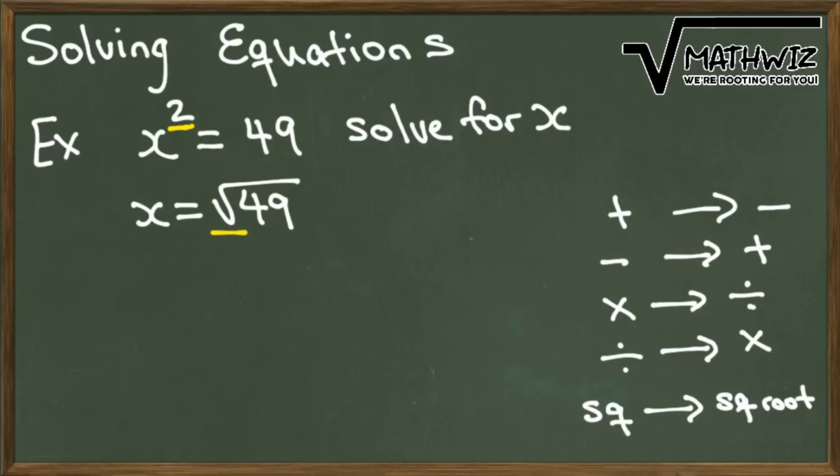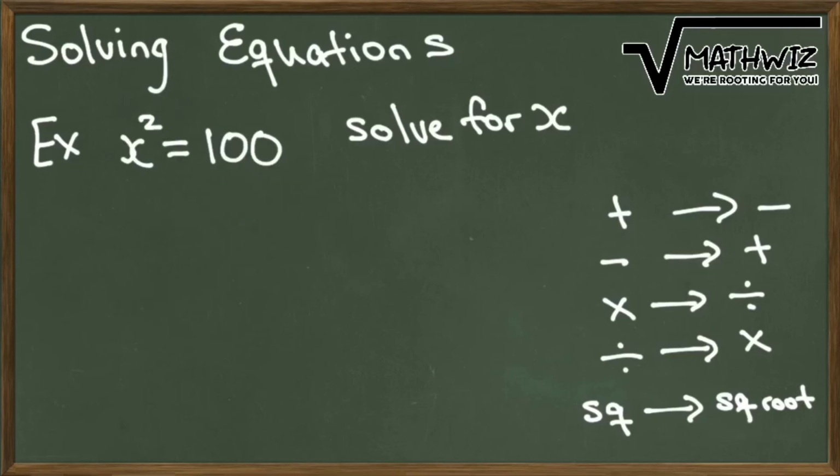If you go back to the first part of this video where I gave you the different square roots, we would see that the square root of 49 is 7. So again, to get rid of the square, we use the square root.